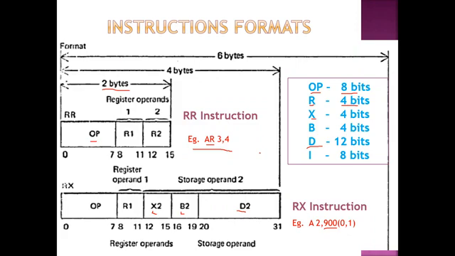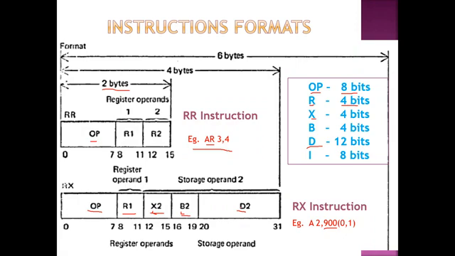Right. An RX instruction again is going to be a 4 byte instruction, which means 32 bits. Let us see the format first. You have the opcode, 8 bits, register 1, 4 bits, index register, again 4 bits. Whatever register it is, a register is always going to be 4 bits. Base register, 4 bits. Displacement is always going to be represented using, check and tell me, 12 bits, right?